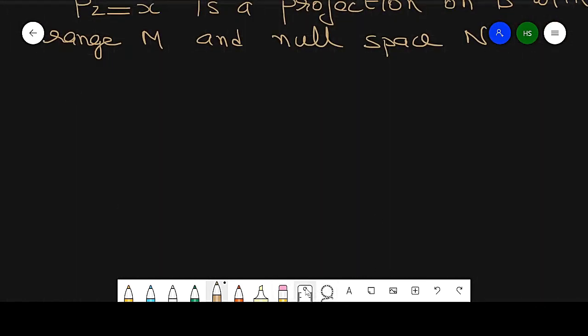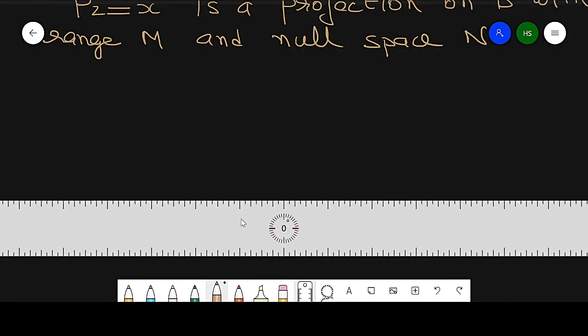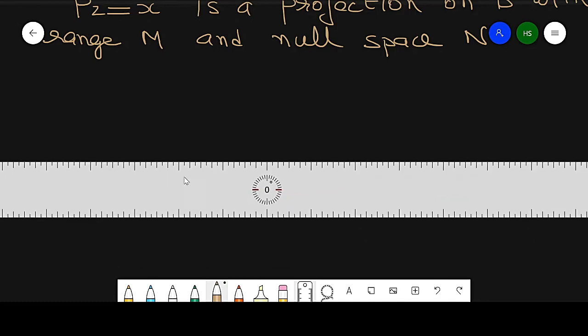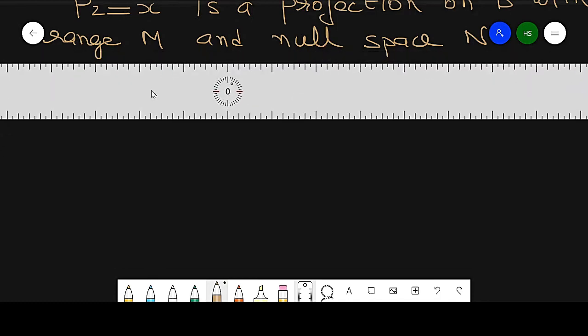My aim is to define the mapping which is a projection on the Banach space B with range M and null space N.